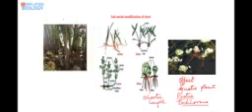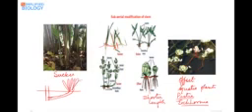Next is sucker. Now in this case, a lateral branch develops from the underground part of the main stem. It grows under the soil obliquely and then comes out above the soil, producing leaves above. Like this is a banana tree, where from the underground part develops a new banana plant.